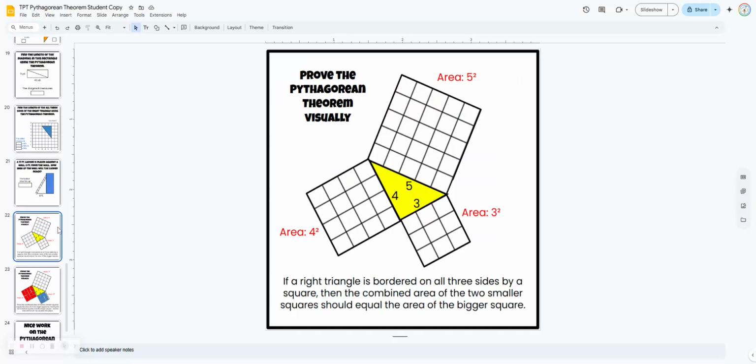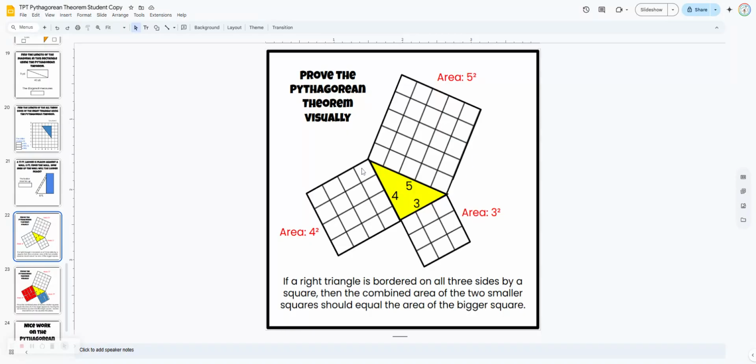Now when we get to slide 22, we want to prove visually that a squared plus b squared equals c squared. So if we have a right triangle and they have sides of 3, 4, and 5, we're going to place a square here that's 3 units on each side. We have a square here that's 4 units on each side, and for the hypotenuse, a square that's 5 units.